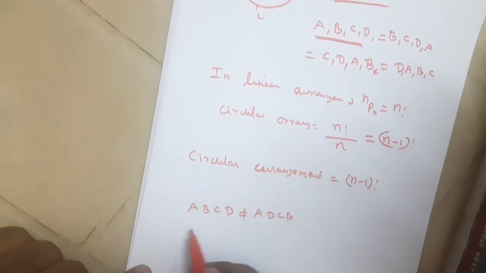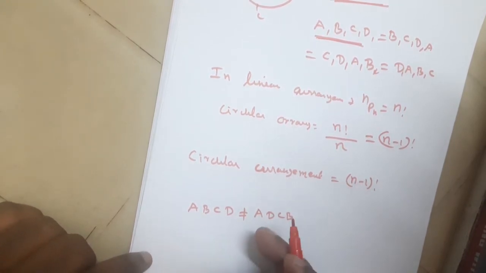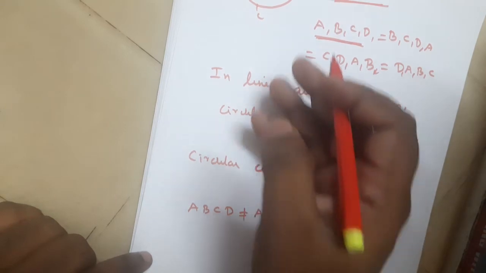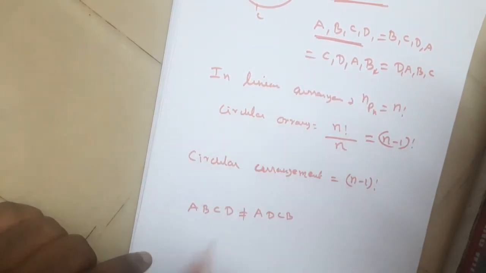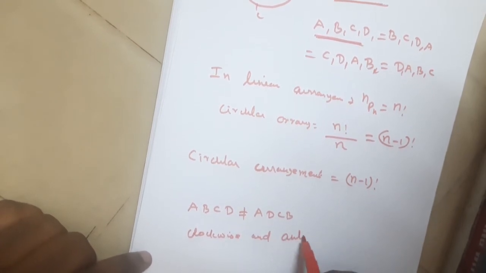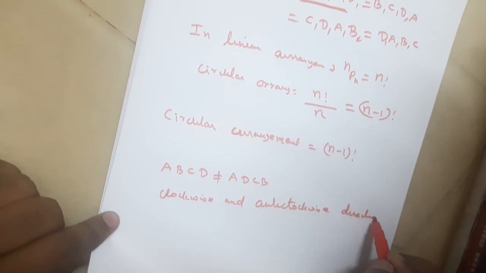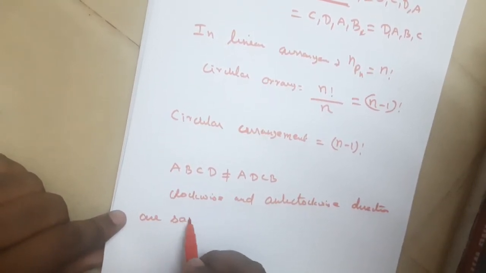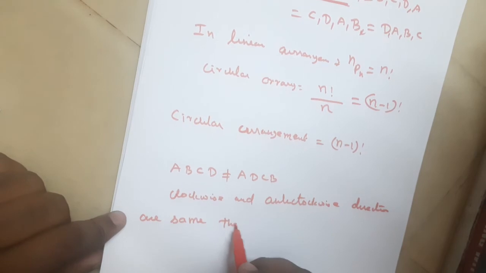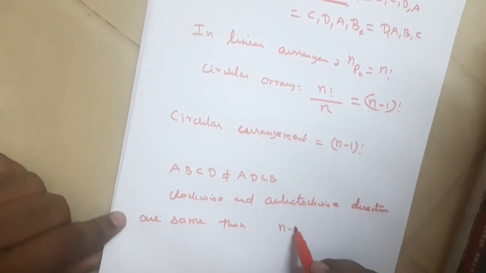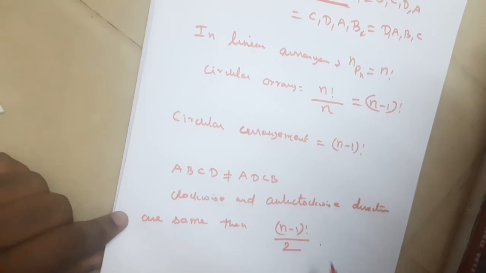Suppose both are the same direction, that is, clockwise and anti-clockwise directions are the same, then the formula is given by n minus 1 factorial by 2.